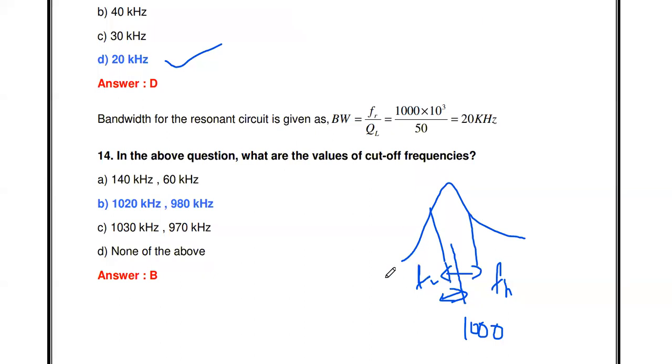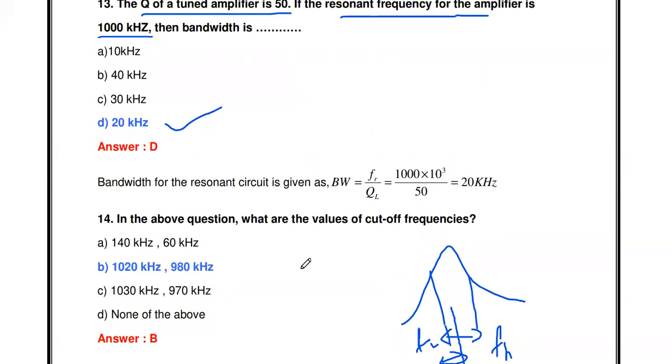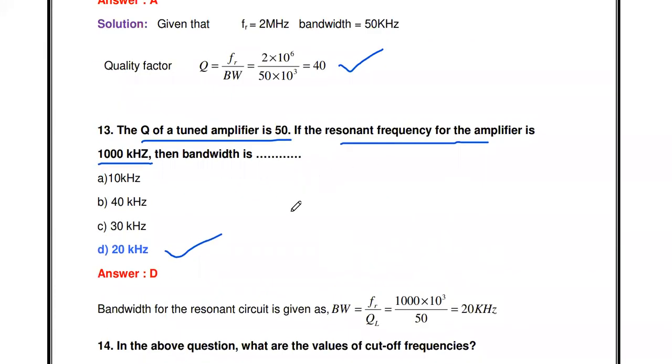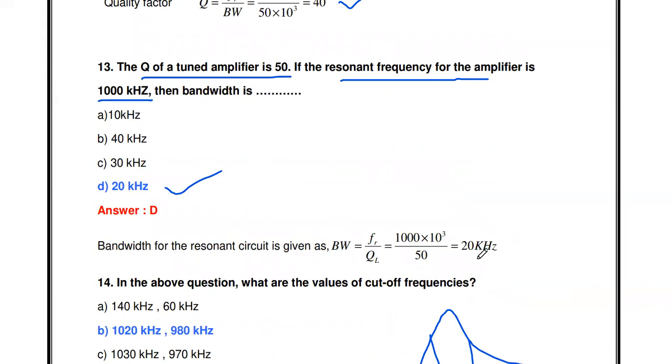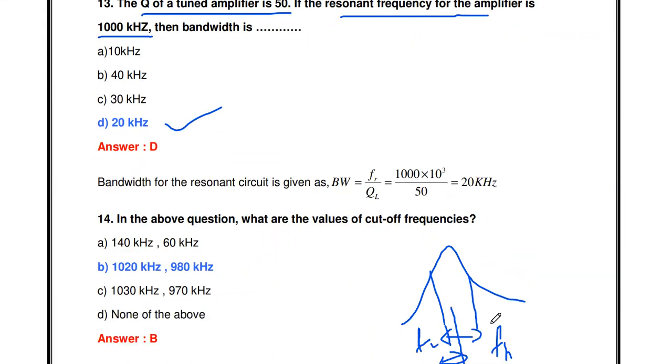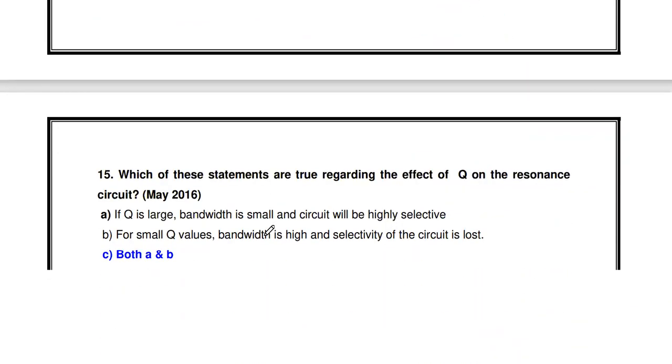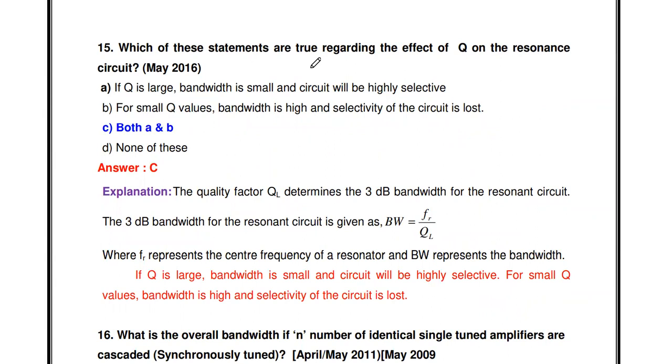The overall bandwidth is 20 kilohertz, so the upper cutoff frequency is 1000 plus 10, which gives 1020 kilohertz, and the lower cutoff frequency, you just subtract, is 980 kilohertz.